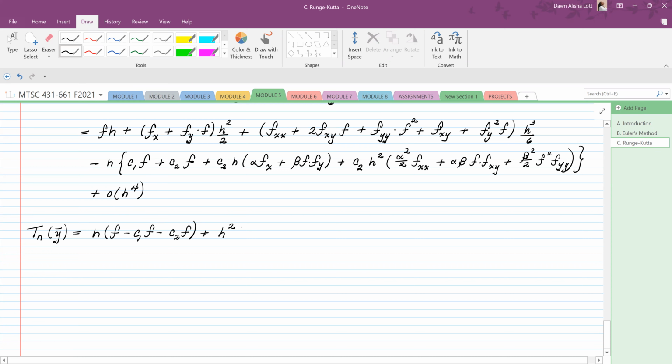Plus H squared times 1/2 F sub x plus 1/2 F sub y times F minus C2 alpha F sub x minus C2 beta F times F sub y. That's the H squared term.